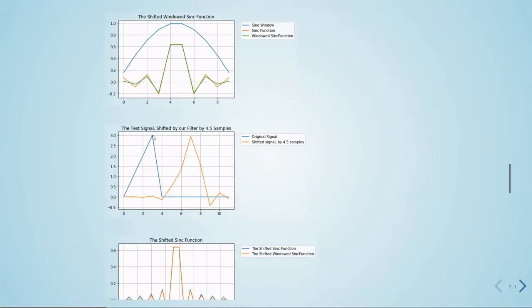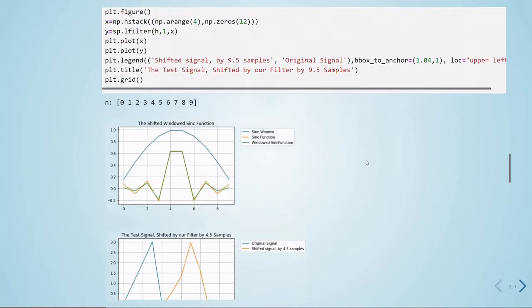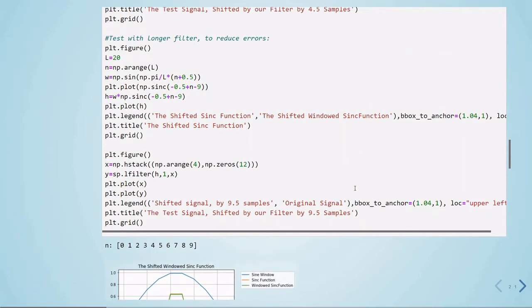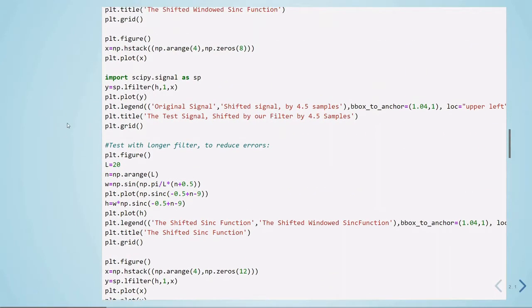This is the original signal in blue, and this is the output of our filter, and we can see some errors. We can see that there is a delay, but we also see that our filter is very short.